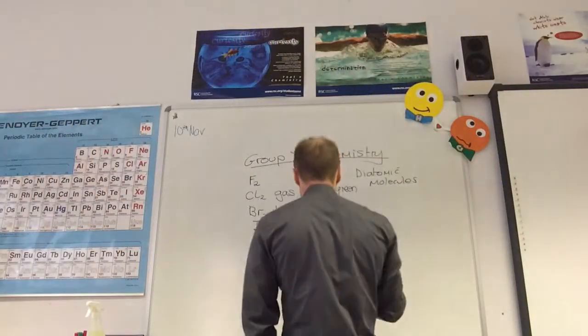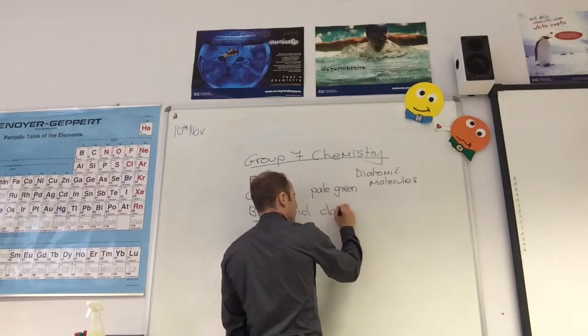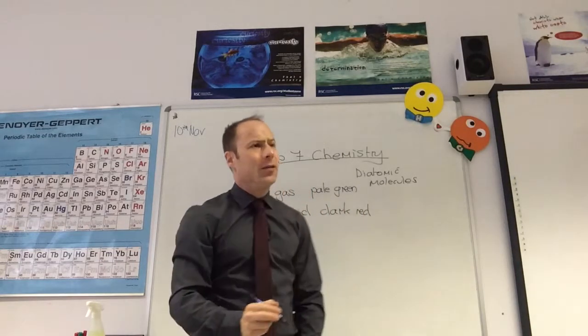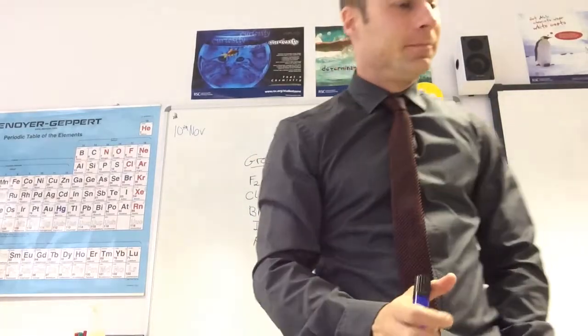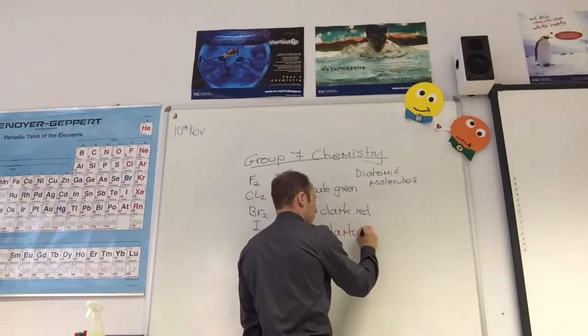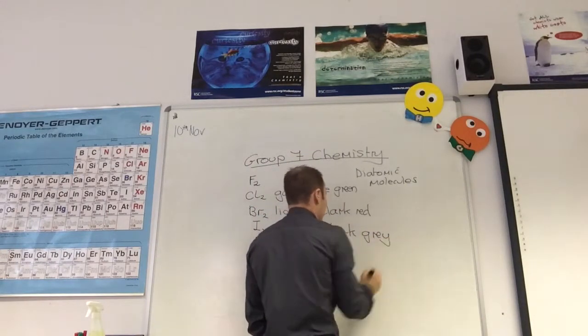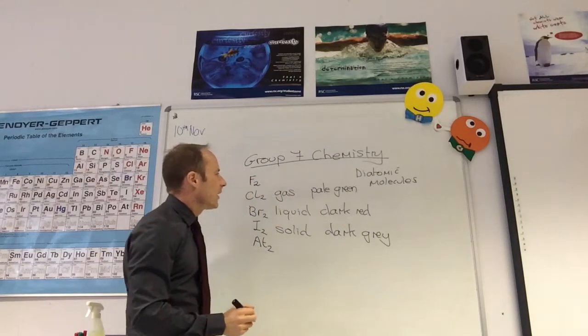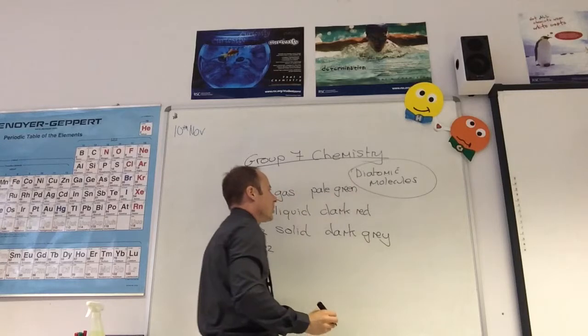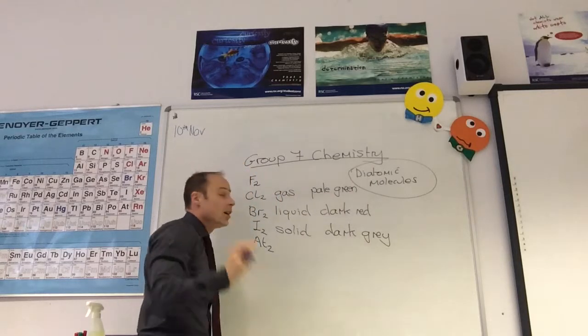Bromine is a dark red liquid. What about iodine? Is it grey? Yeah, it's a dark grey solid. So you need to know their colours, the fact that they are all diatomic molecules and their state.